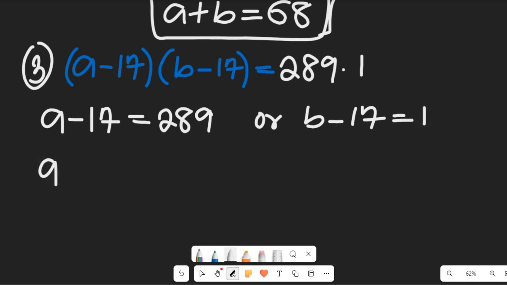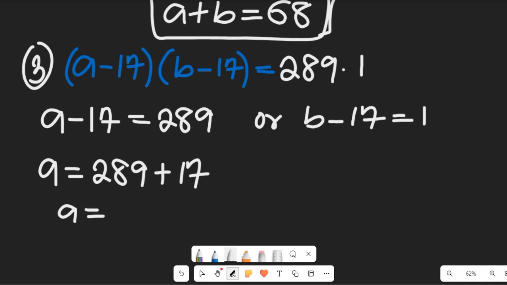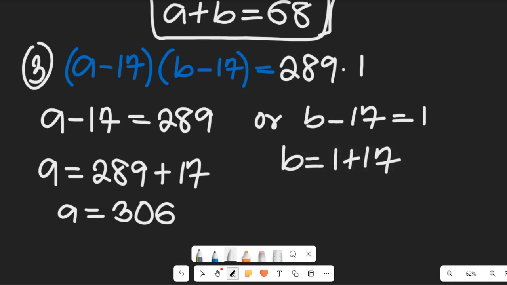Then A will be equal to 289 plus 17. We'll have A equal to 306. Here B will be equal to 1 plus 17, and then B will be equal to 18.